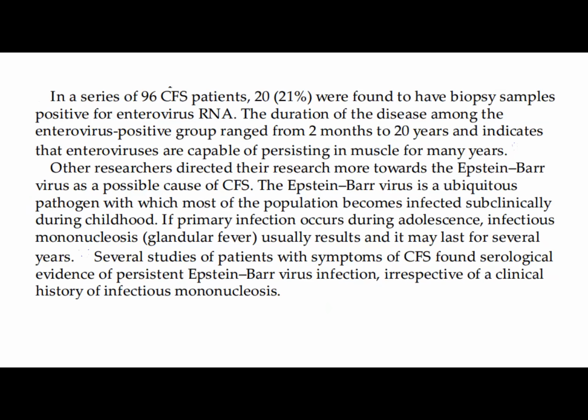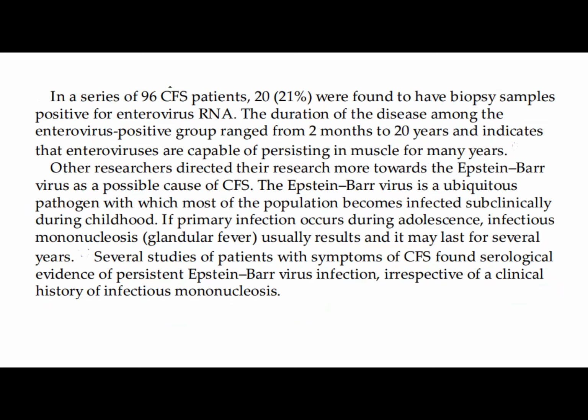In a series of 96 CFS patients, 20 or 21% were found to have biopsy samples positive for enterovirus RNA. The duration of the disease among the enterovirus positive group ranged from 2 months to 20 years and indicates that enteroviruses are capable of persisting in muscle for many years.